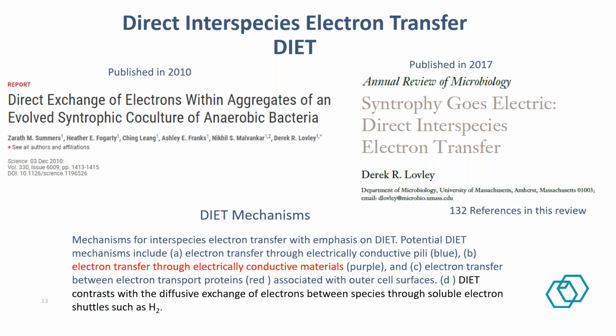So here are the potential DIET mechanisms: electron transfer through electrically conductive pili, electron transfer through electrically conductive materials, that's our activated carbon, and electron transfer between electron transport proteins associated with other cell surfaces.